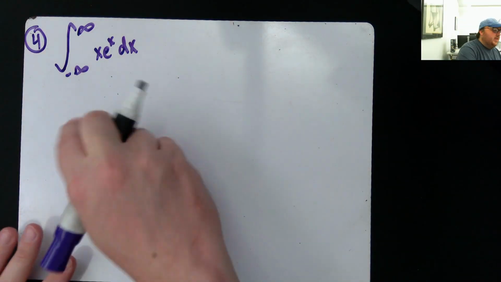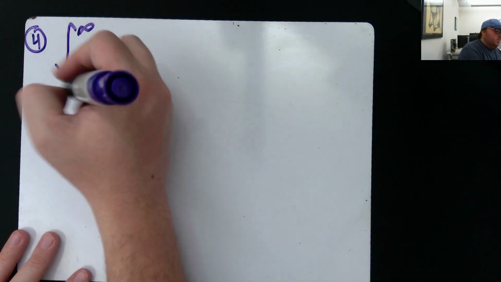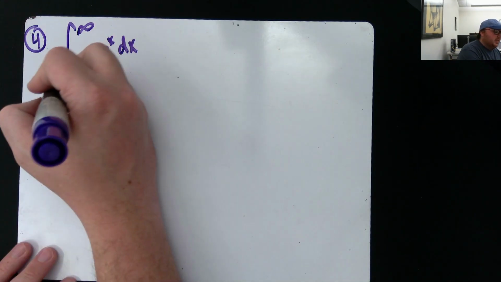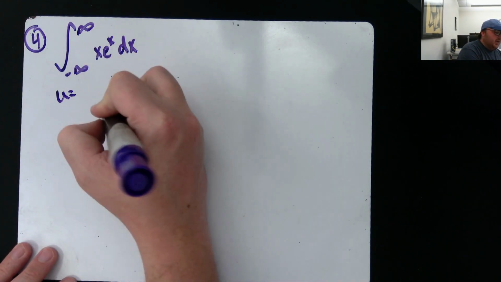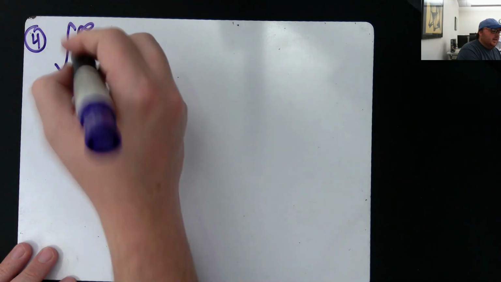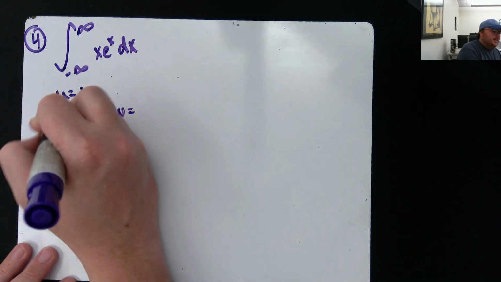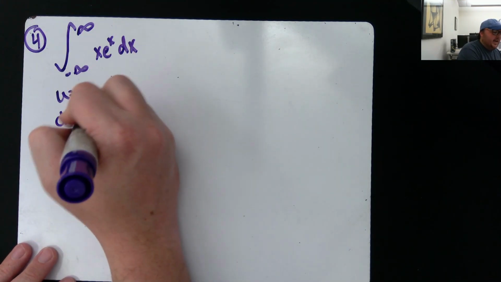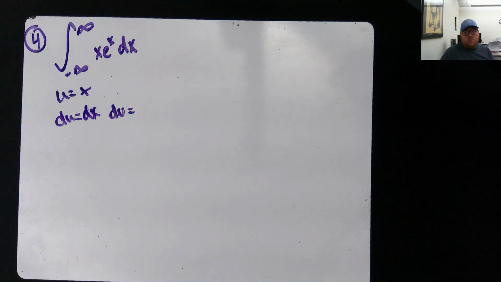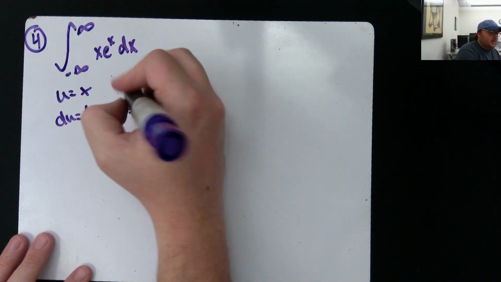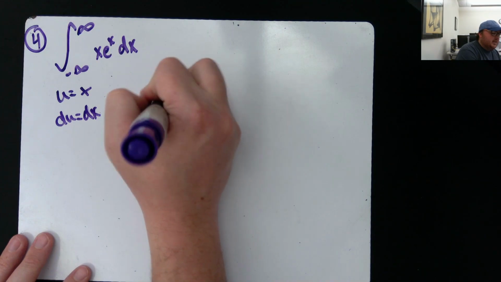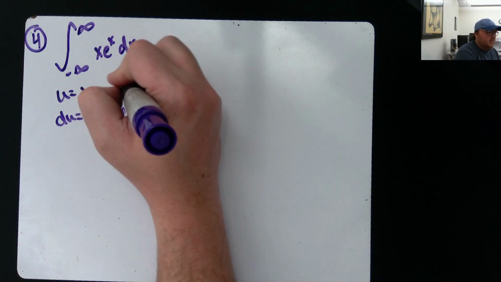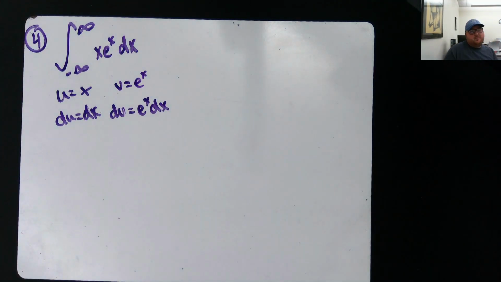So ignoring the bounds for now, remember by parts, I want to identify a u and a dv. Let's use x for the u because then du is just 1 dx, which means I broke it down, which is what I want to do, which would mean dv would be e to the x dx. The antiderivative of e to the x is just e to the x.